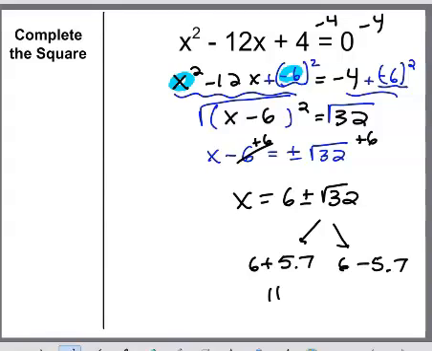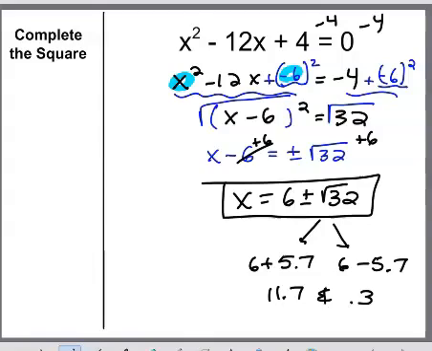So approximately 11.7 and 0.3 would be the solutions. However, we're just going to leave it as a square root like that. And a lot of times when we're trying to find the solutions to a quadratic, if that's our purpose, we would leave it like this anyway. But I think it makes more sense because it's 2 solutions to split it up. But again, we're not doing that today.